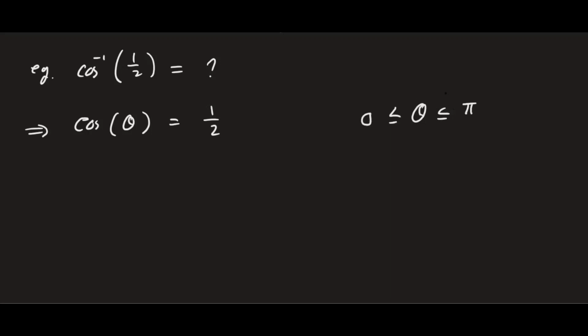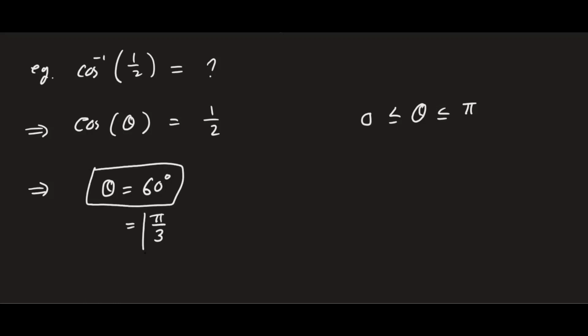That's the interval you have to consider for cosine inverse, because that's where it exists. From the unit circle, we know when theta is 60 degrees, cosine is 1/2. So theta has to be 60 degrees, or in radians, pi over 3. That will be the exact value for this problem, and pi over 3 is within this range, so that makes sense.